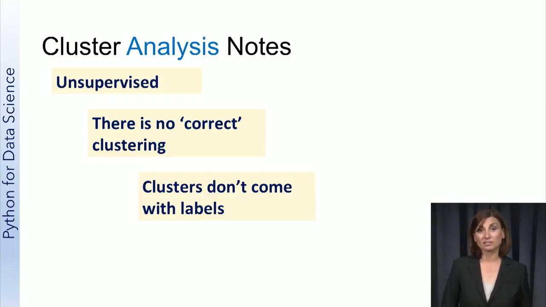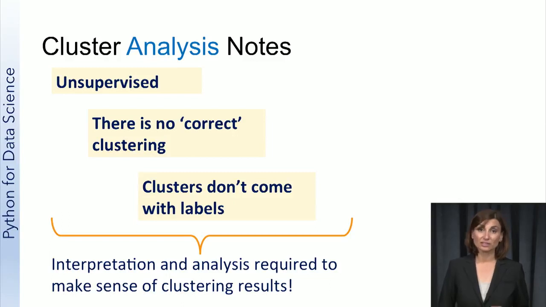Only by analyzing the samples in each cluster further can you come up with reasonable labels for your clusters. Given all this, it is important to keep in mind that interpretation and analysis of the clusters are required to make sense of and make use of the results of cluster analysis.